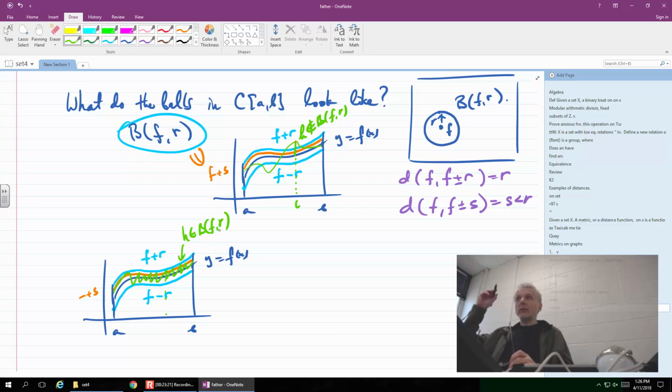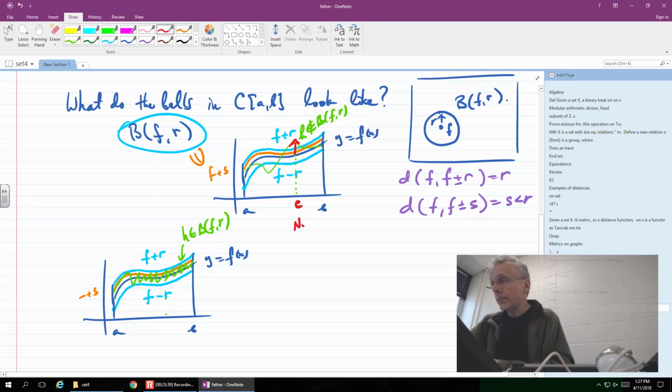The only thing that will make a function not be within that ball would be if it sticks out outside of the tunnel. So once again, this one over here sticks out, and that is why it is no good. That is the reason why it is not within that ball.